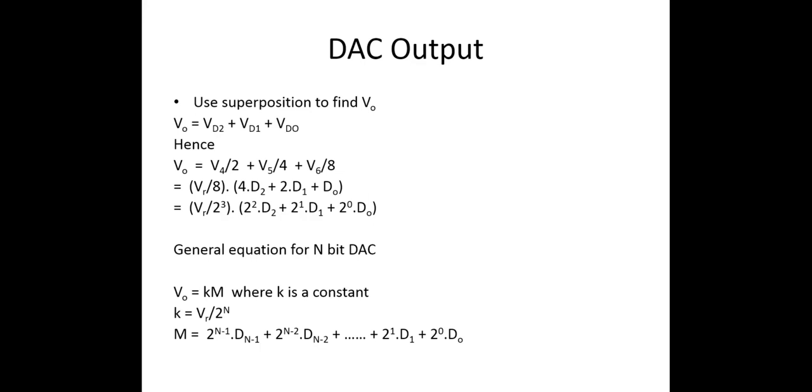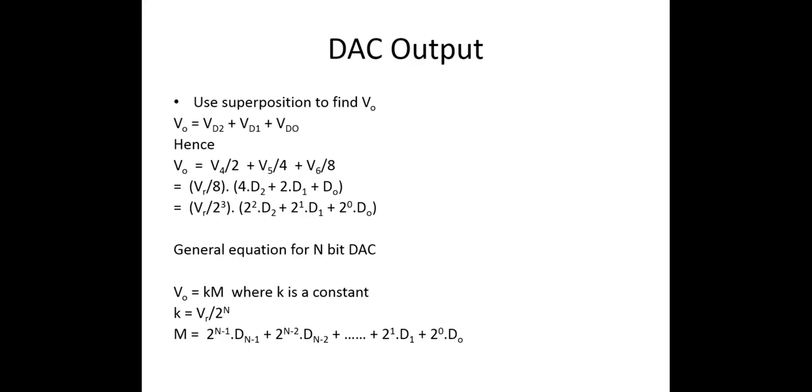So now as we have obtained the expressions for VD2, VD1 and VD0, that is the contribution of the voltages due to bit D2, D1 and D0, we can obtain the expression for output voltage V0.